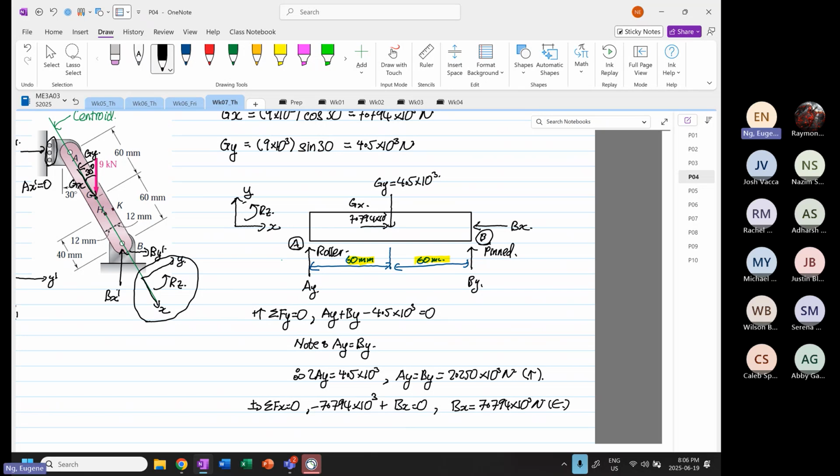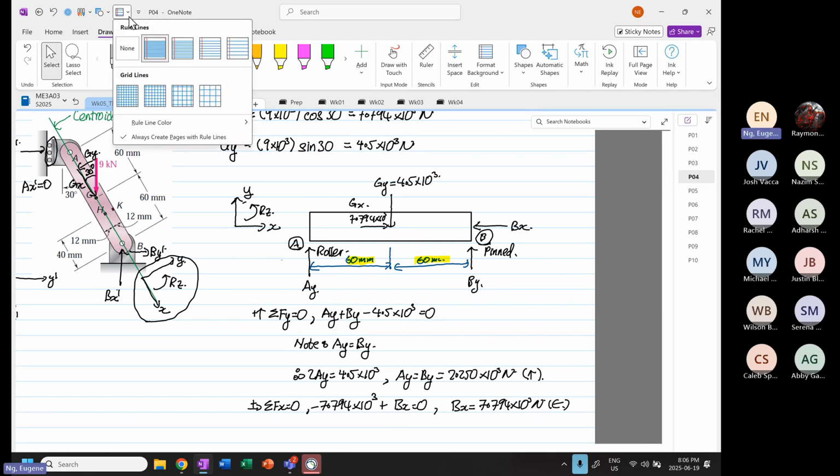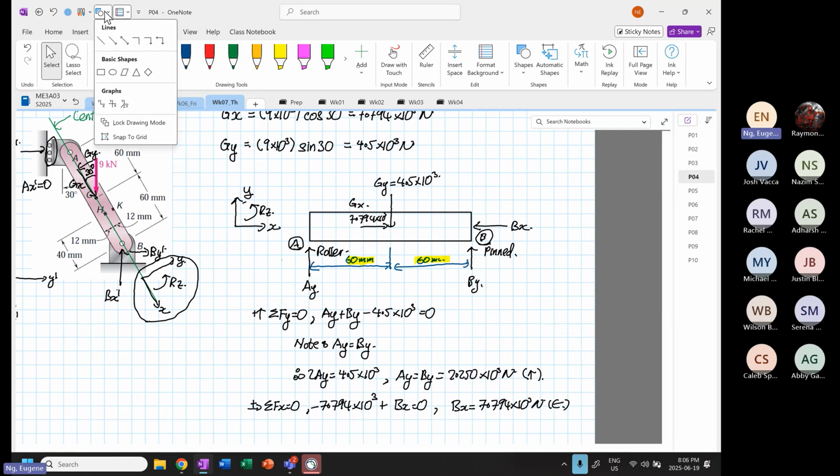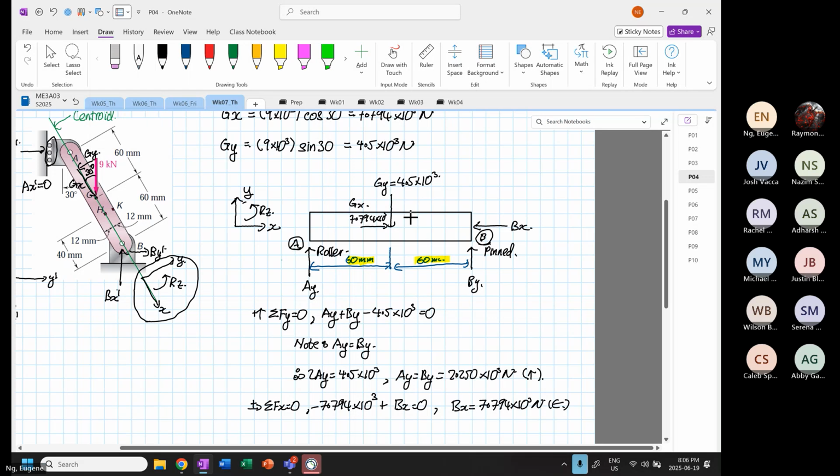So now what I'm going to do is sketch where the position of elements H and K are. Okay, so where I'm going to draw this line. Now I'm also going to draw the centroid, in a different color.